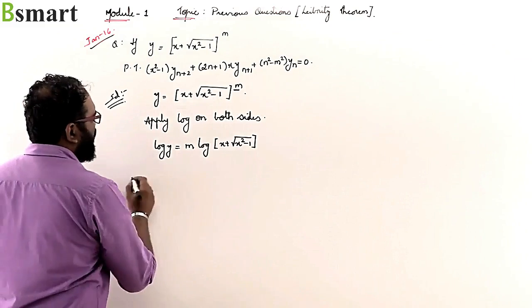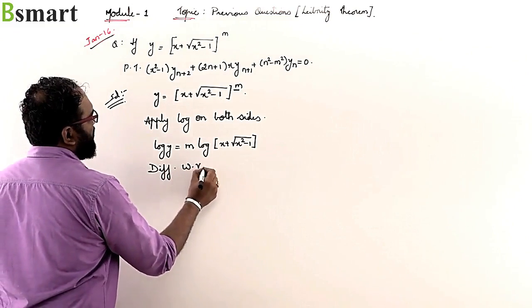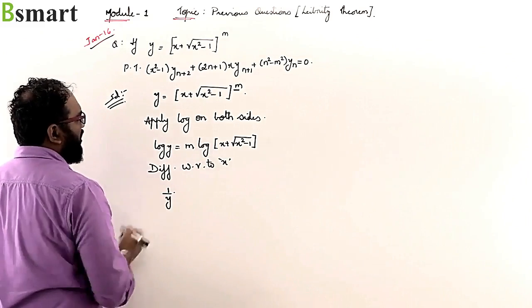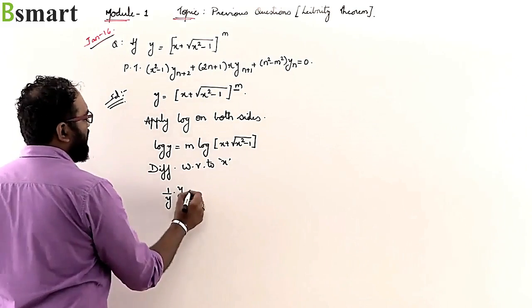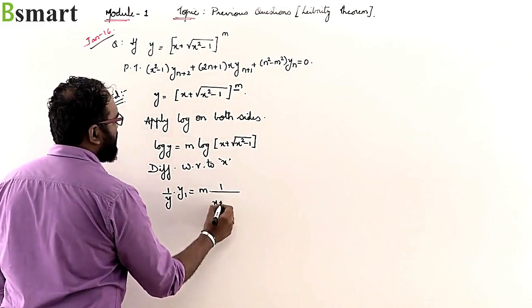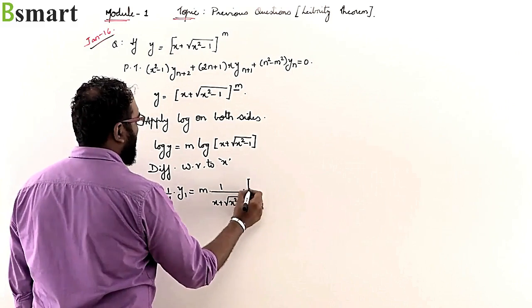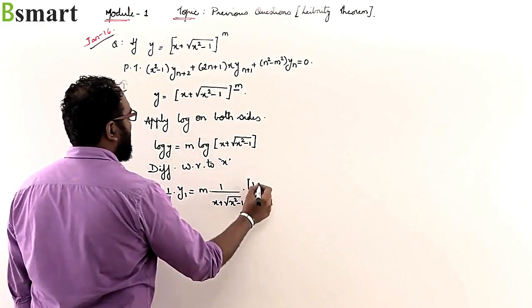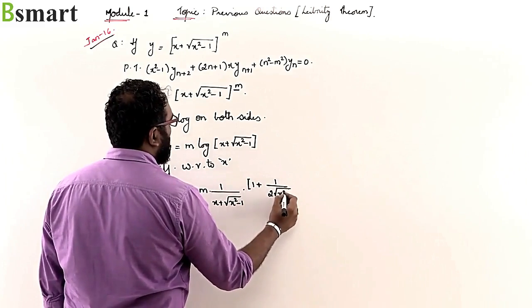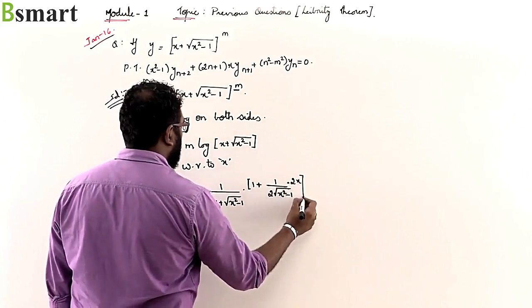So if we differentiate this with respect to x, what do we get? The derivative of log y, that is 1 by y, into derivative of y is y1, is equals to m into derivative of log, 1 by x plus root over x square minus 1, into derivative of x, that is 1, plus derivative of root, that is 1 by 2 root x square minus 1 into derivative of x square minus 1, that is 2x.